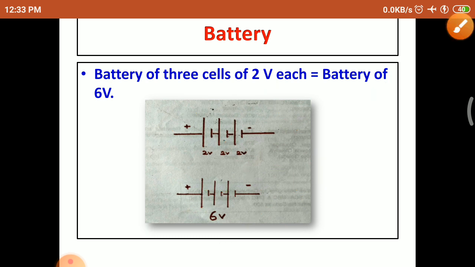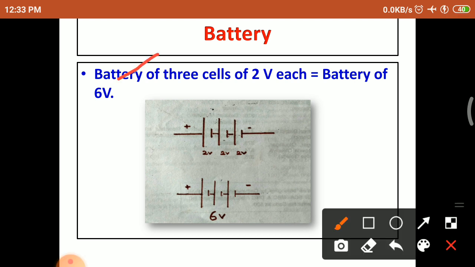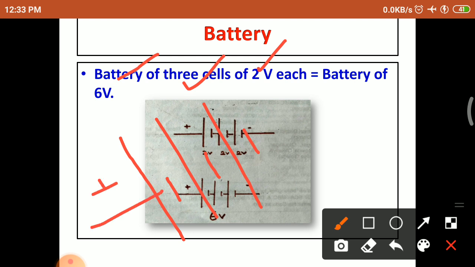So here you have to draw a battery. That battery contains 3 cells. Each cell has 2 volts. So first I draw the first cell, the second cell and the third cell. Then you write positive and negative. Each cell has 2 volt.